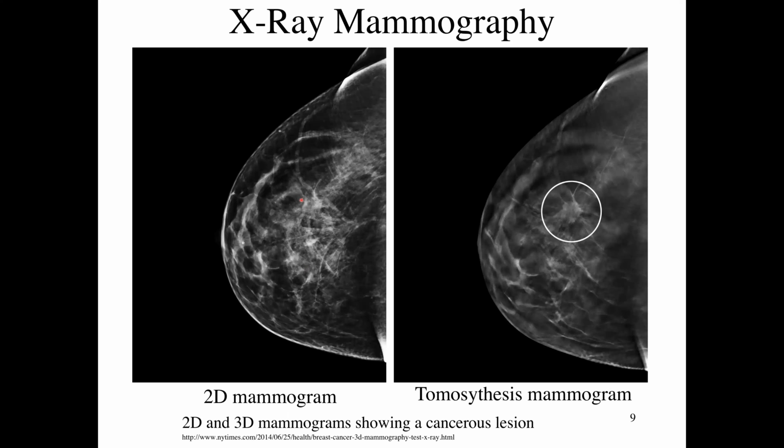This is a mammogram, and this is high resolution planar X-ray imaging where you put an X-ray detector flush against the side of a woman's breast, and you shine X-rays through the breast, and you look for abnormalities in the picture. It's a very difficult image to read, actually. It's very subtle findings on these.